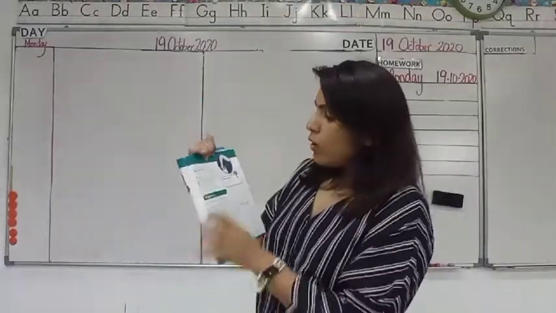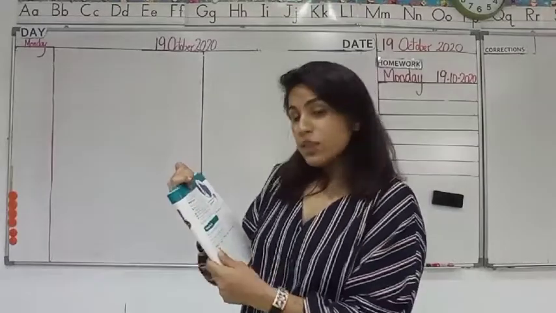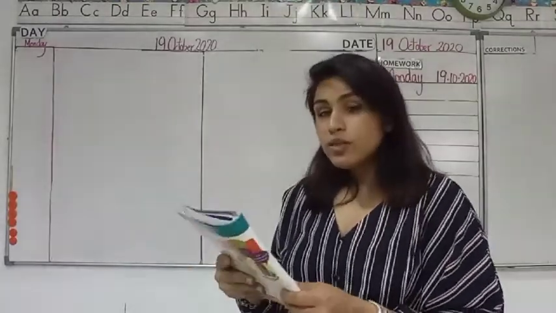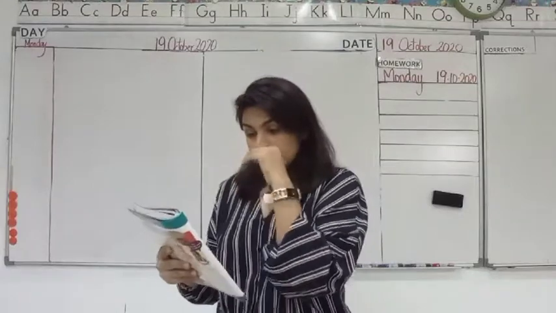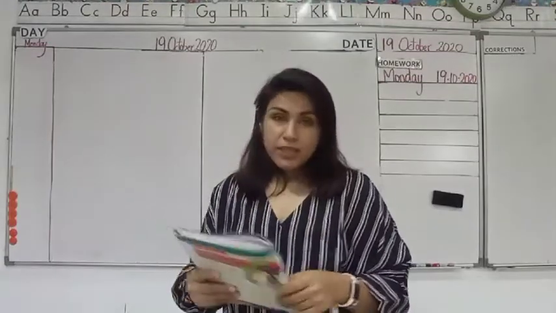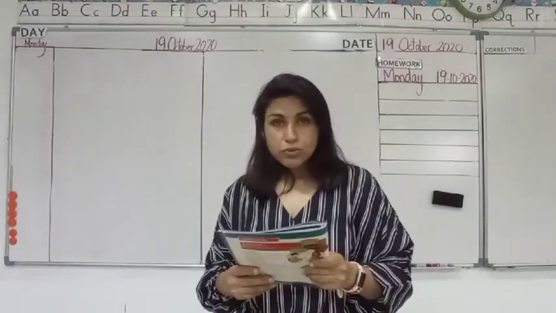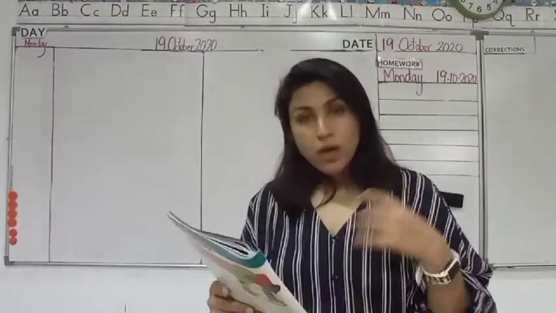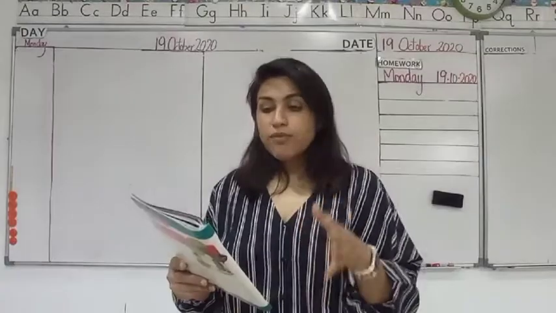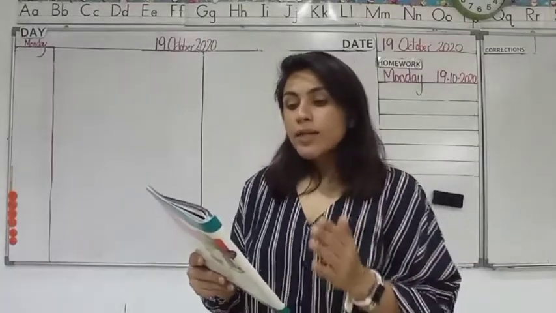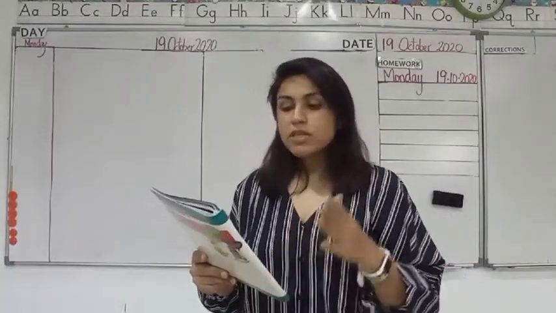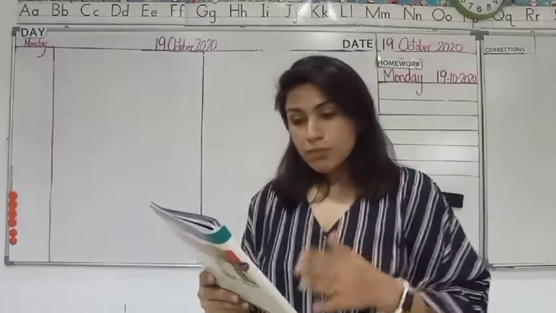Now what to check? Now try it yourselves. You have to try this yourselves. Walk around the school, look for different objects. As you know, we are not able to come to school due to the lockdown, so walk around your house, look for different objects, write down the names of each object, decide what material it is made from.